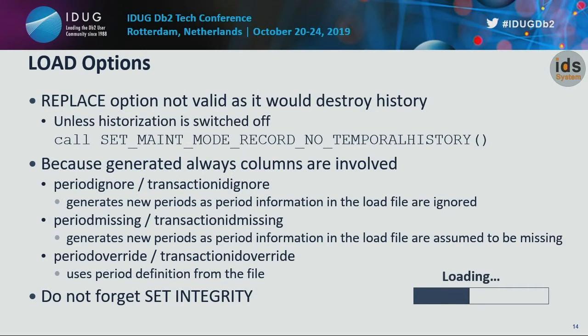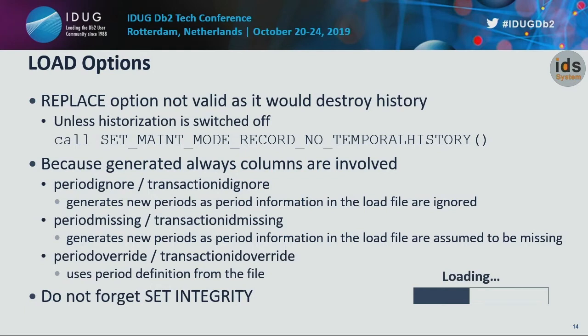Because this part of my agenda is called load, I don't want to skip over that without talking about load with you. So in a temporal table, operations are only allowed if they don't destroy history. For example, you could add a column to the base table, and it would even automatically be added to your history table.